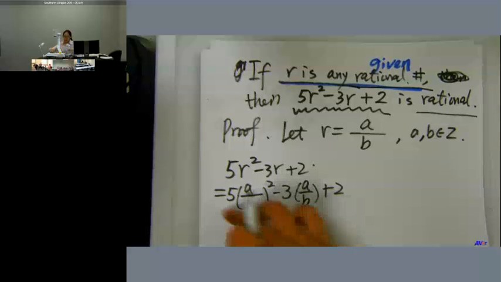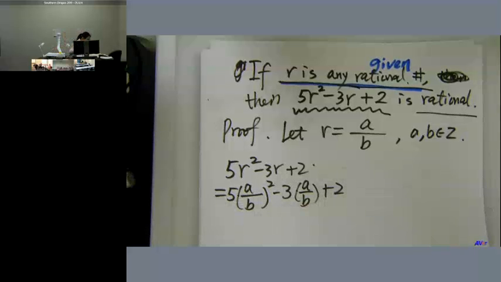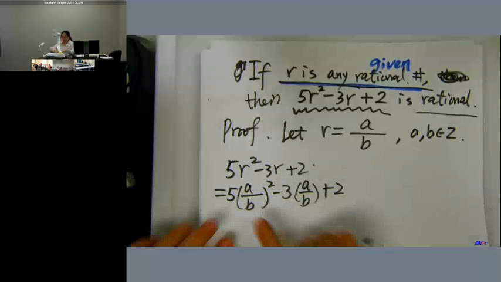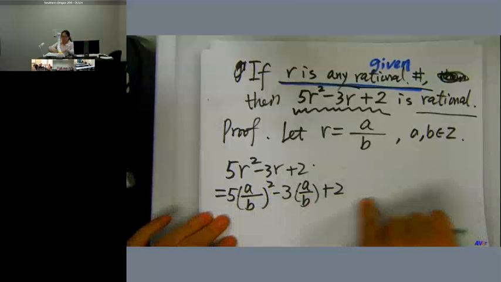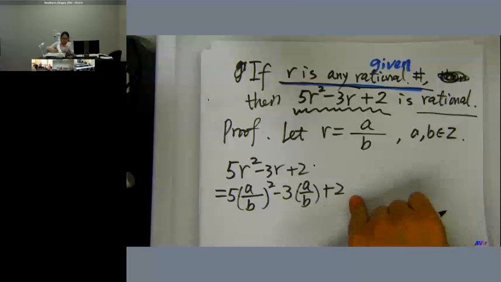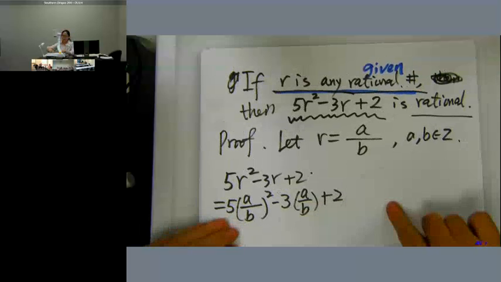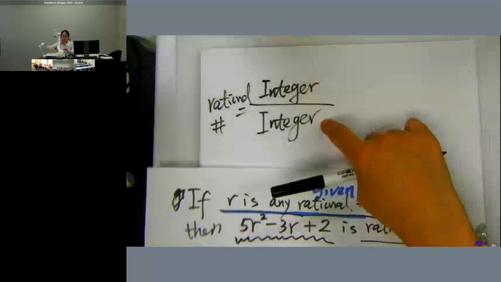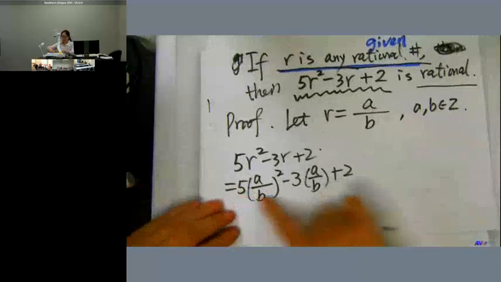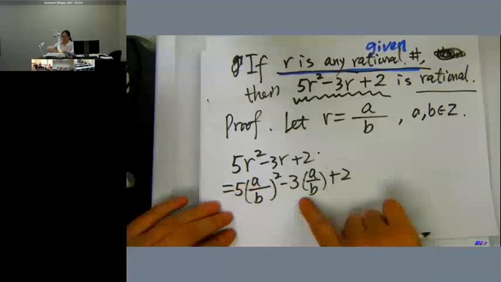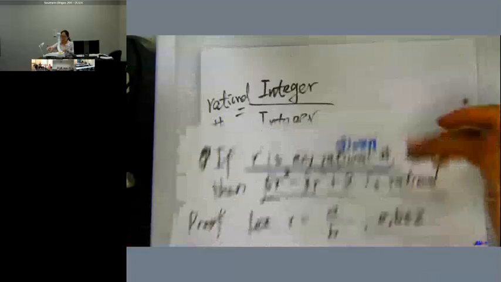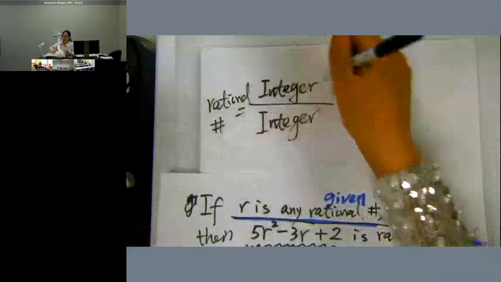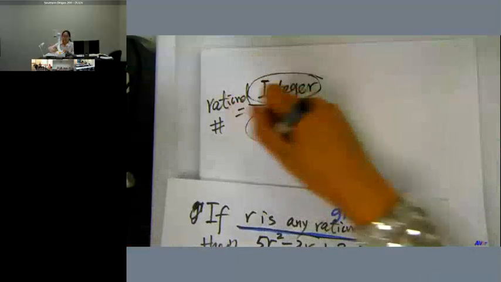Because when you look at this, does it fit our definition, integer over integer? Does it have this form, integer divided by integer? Not yet, right? It has a lot of things. The format has to be a single integer on the top and an integer on the bottom.